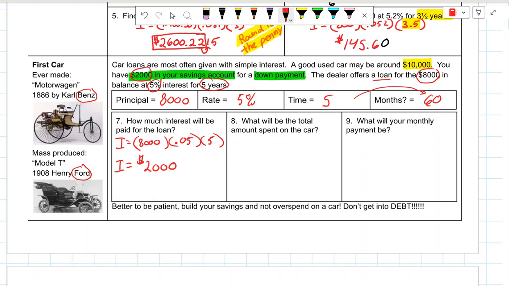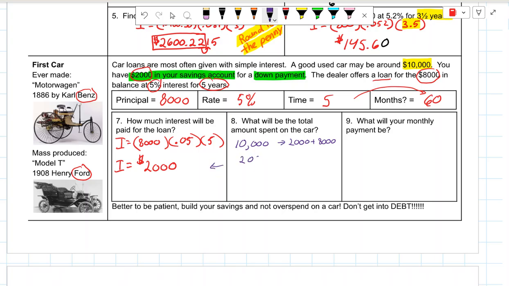All right, so let's take a look at number 8. What will be the total amount spent on the car? Well, let's think. You are buying a $10,000 car. So let's write down $10,000 car. And what was that 10,000? That 10,000 was your $2,000 of savings plus the $8,000 loan. Well, what else is included in the total amount spent? Right over here, don't forget about it, your interest.